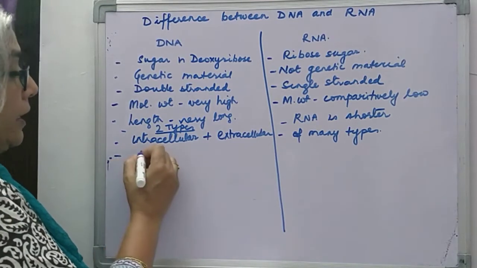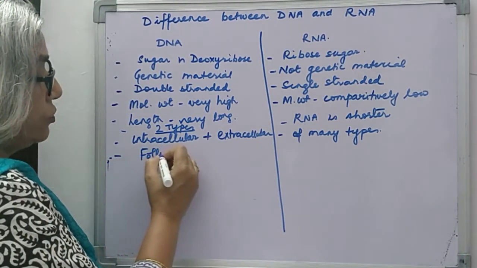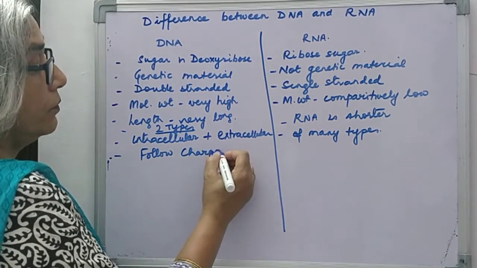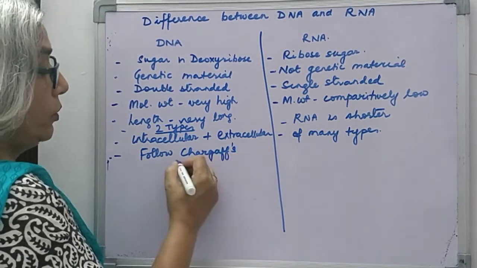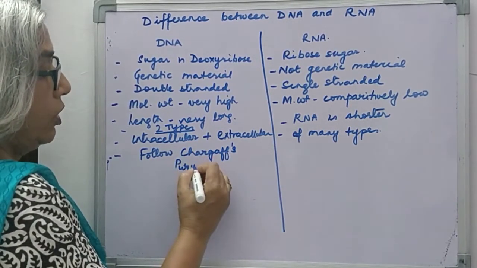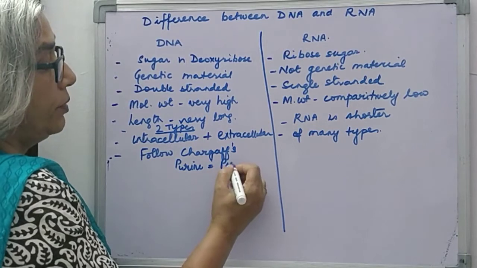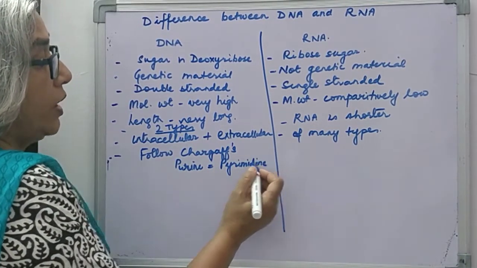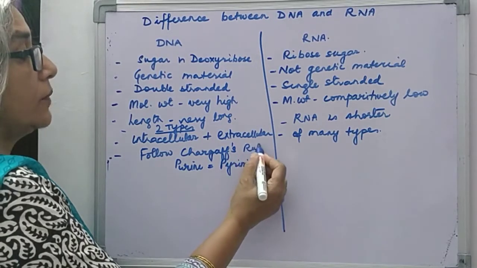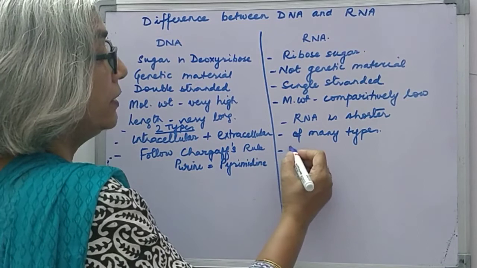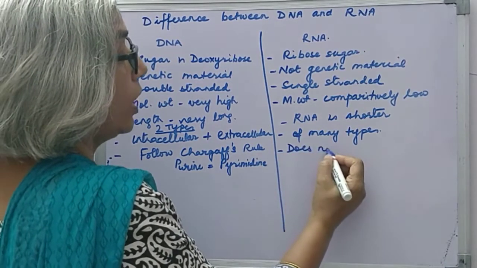Then DNA follows Chargaff's rules, that is, purine is always equal to pyrimidine, and adenine pairs with thymine and cytosine pairs with guanine.